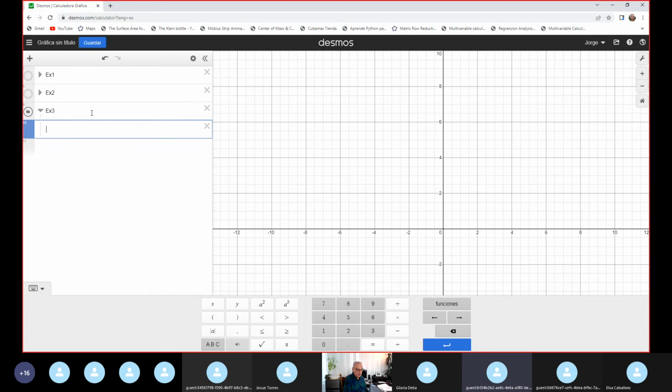I copied, of course, not the ugly original. I copied the new one, which is x squared plus y squared minus 4x minus 8y plus 4 equal to 0.